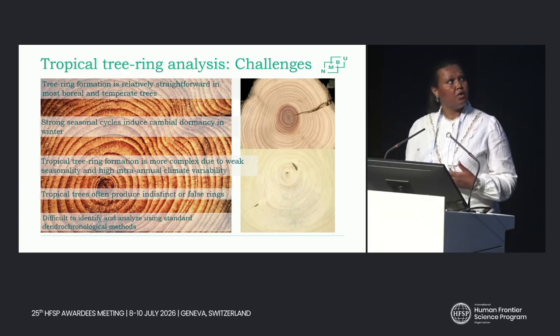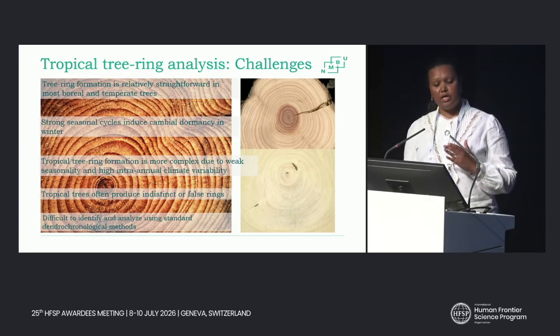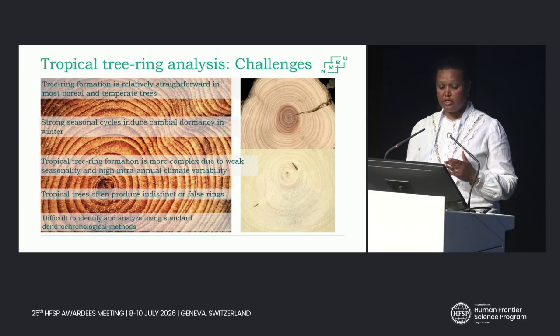As you can see in the background image on the right, it's from Norway spruce from the boreal region, and you can clearly see that the rings are clearly formed.